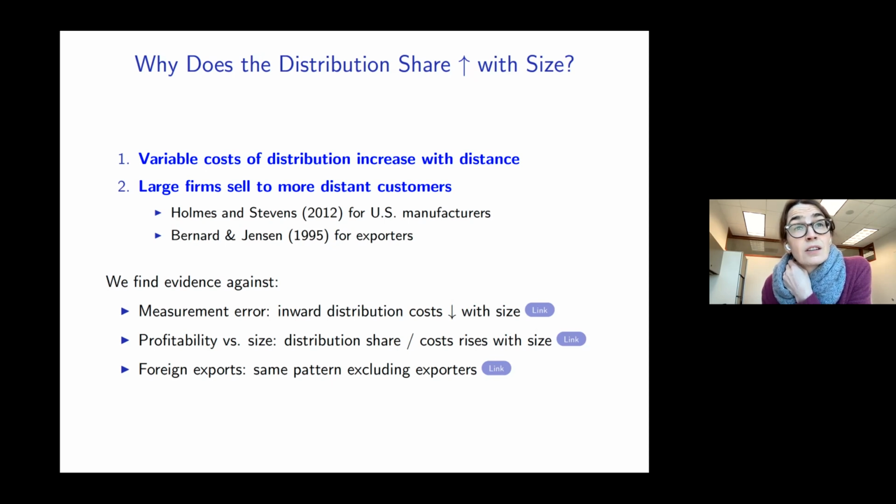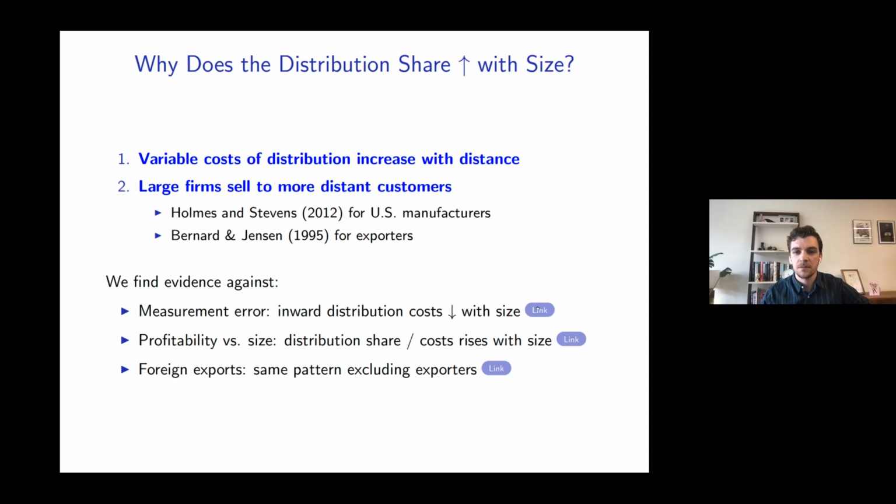In the sense that, if I'm big, I do my own shipping, but if I'm small, the buyer, who has more organizational resources, comes and picks up the stuff. I don't know whether that's a reasonable story, but do you have any evidence that would allow us to see that that's not what's going on?